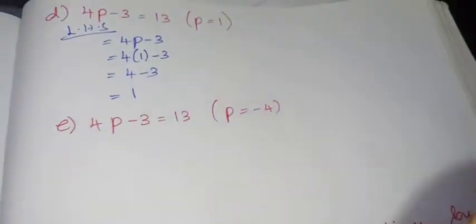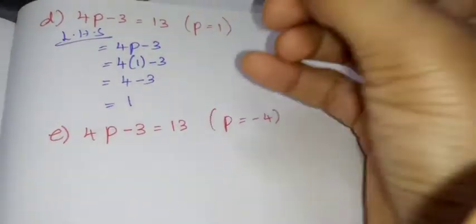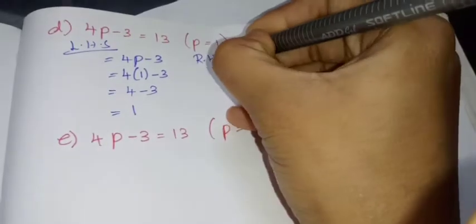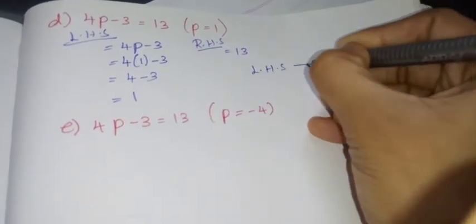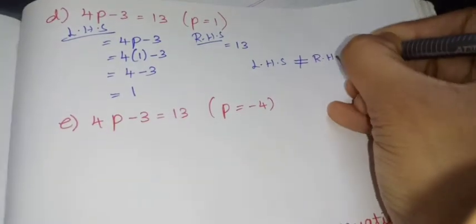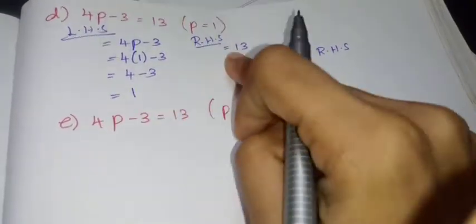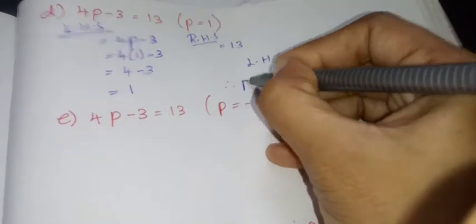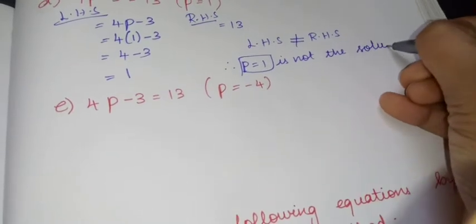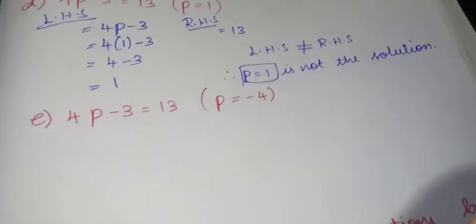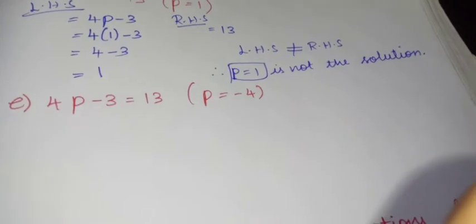What is the LHS value? 1. RHS value 13. LHS is not equal to RHS. Therefore, p is equal to 1 is not the solution. Understood how to write the answers?